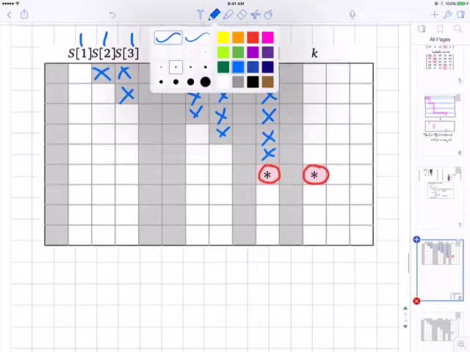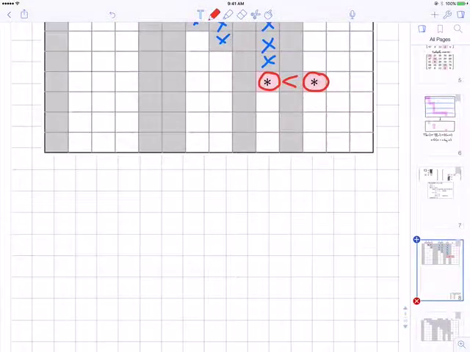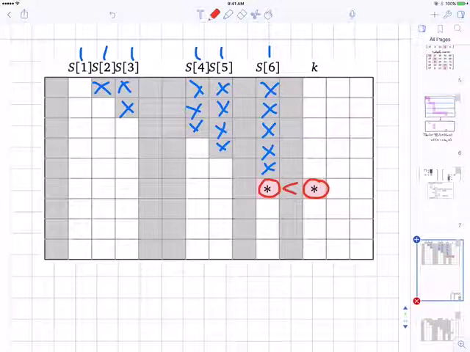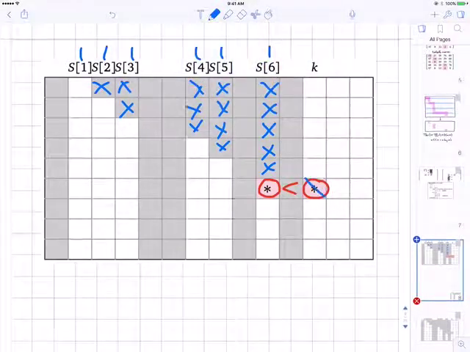One possibility is that I discover that the star on the left is smaller than the star on the right. So what happens in this case is, well, clearly this entry is ruled out as a row minimum.